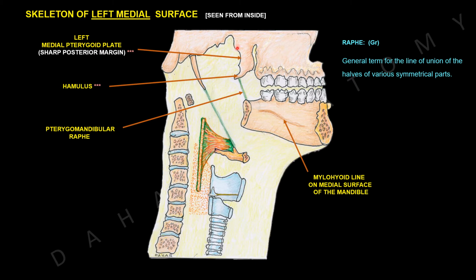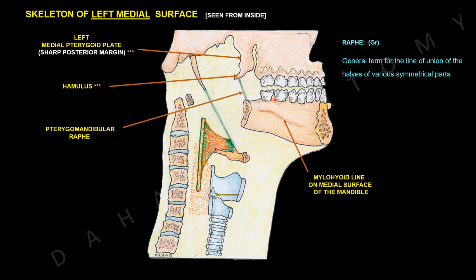This is the posterior sharp margin of the left medial pterygoid plate, and this is the hamulus of the left medial pterygoid plate. This is the styloid process. This is the left half of the hyoid bone with lesser horn and greater horn.